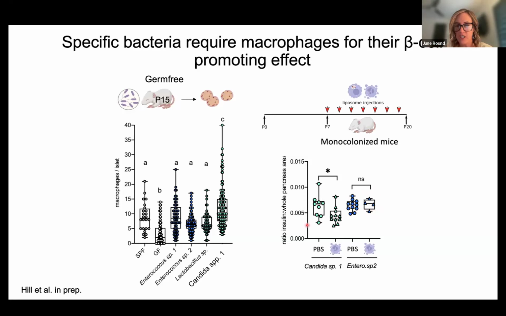However, when she looked at animals that were monoassociated with this particular fungal isolate, this Candida species, and depletes macrophages, she now sees that this Candida species is no longer able to have this beta cell promoting effect. And therefore, it appears that this fungal species is acting through macrophages in order to promote beta cells during this very important developmental window.